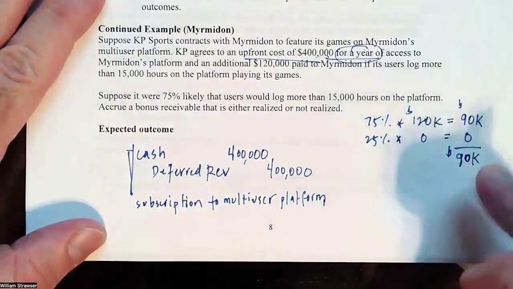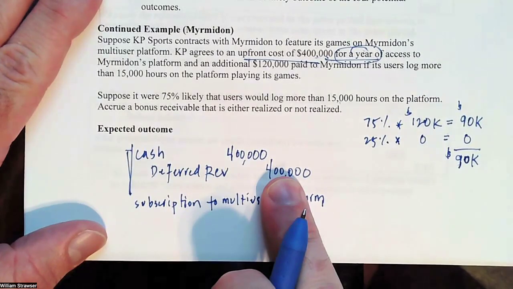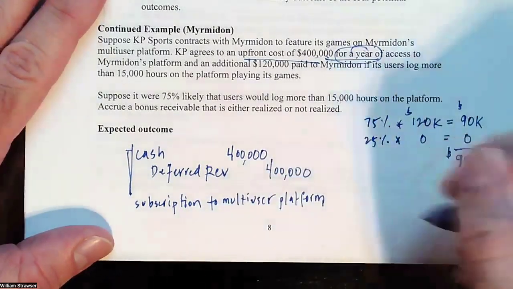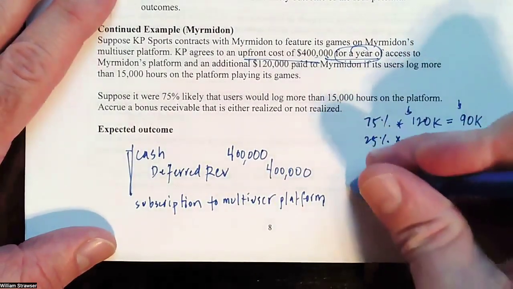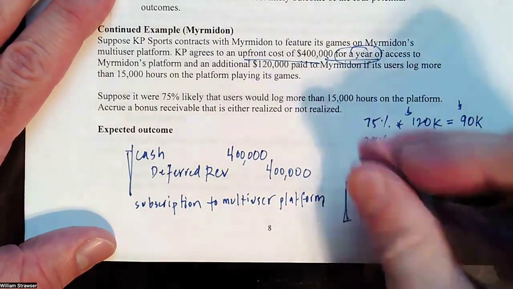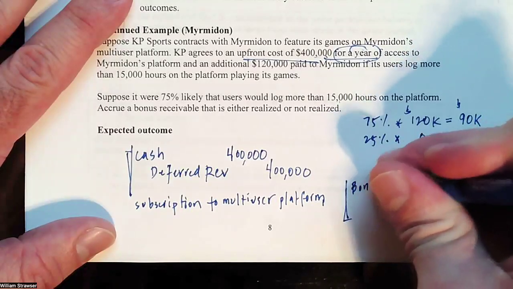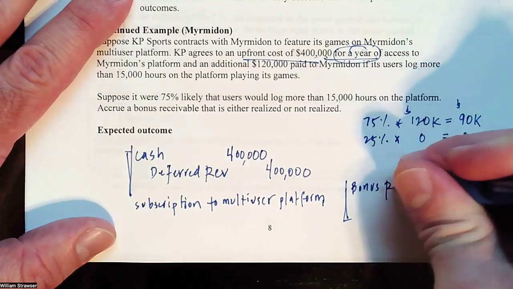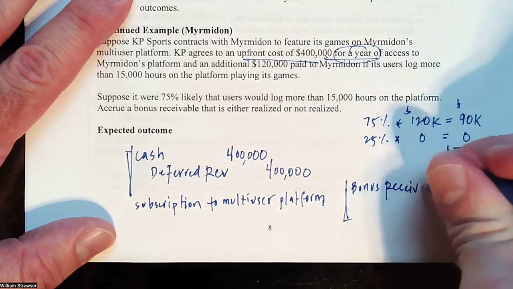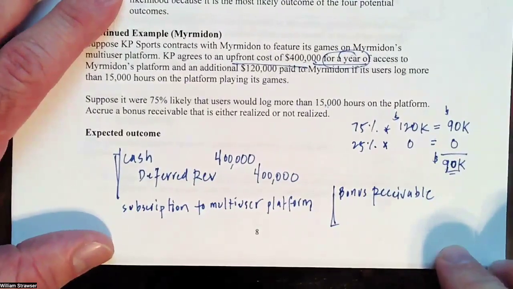So for the variable consideration, though, we're not receiving cash up front for variable consideration, right? So that's something that's a little different. Here, for the variable consideration amount of 90,000, we record this as a bonus receivable. So it is an asset, but it's not cash and it's not an account receivable.